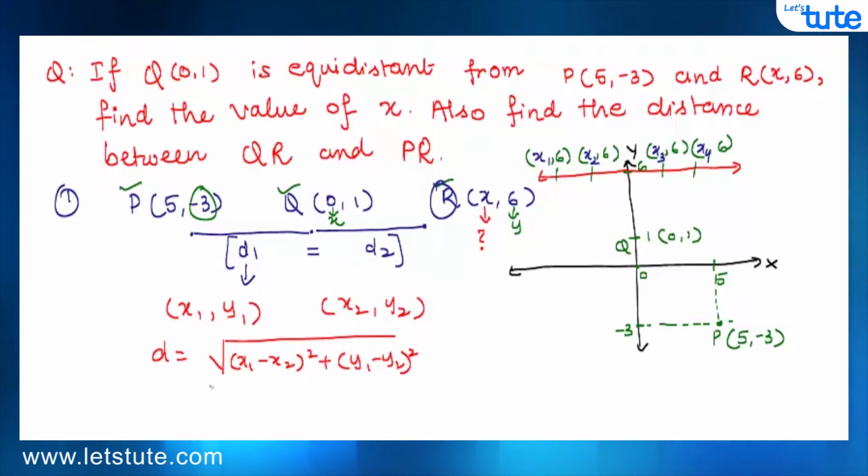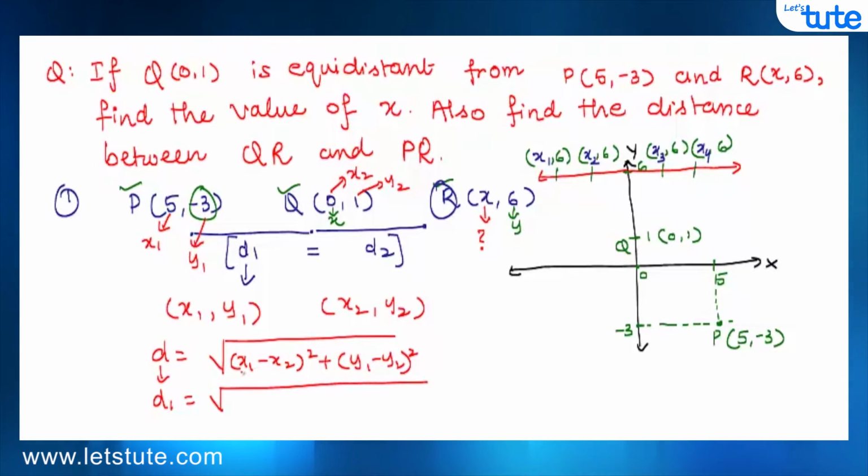Now we have to find the distance D1 between P and Q. Let us take 5 as x1, minus 3 as y1, 0 as x2, 1 as y2 and apply in this formula. And our D will be D1. So what will be the simplified version?